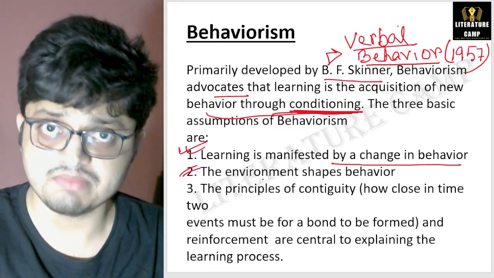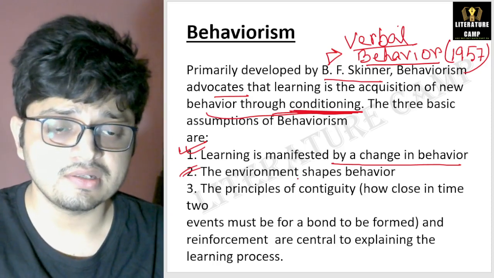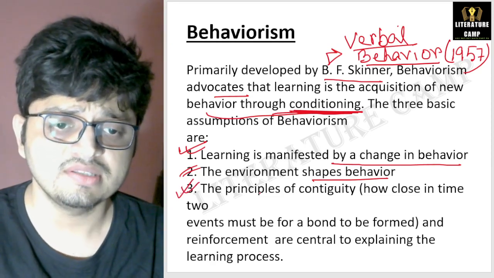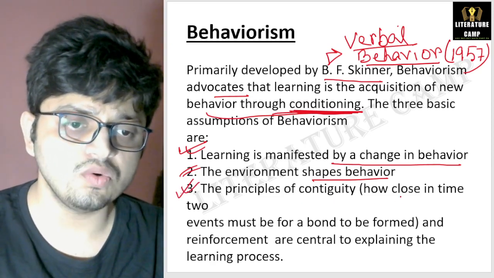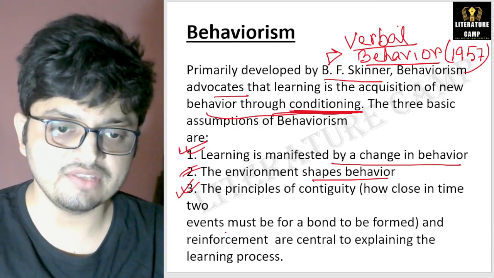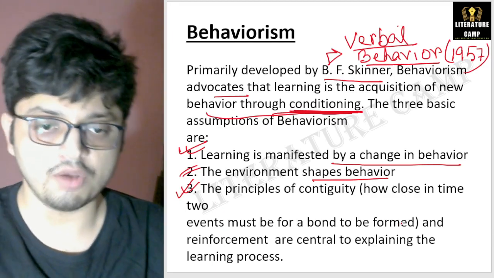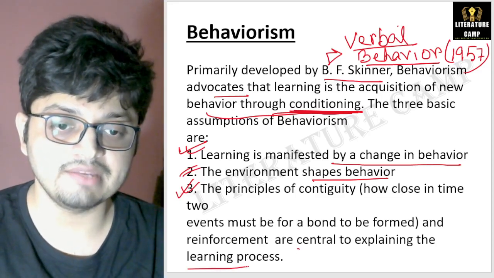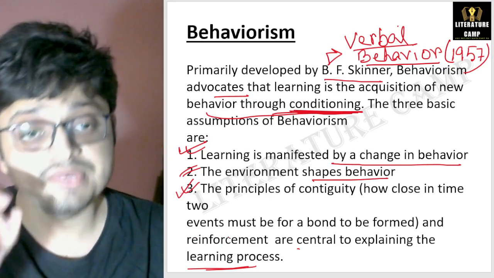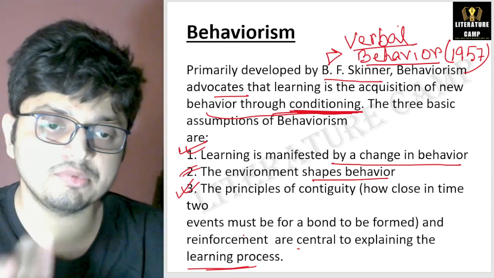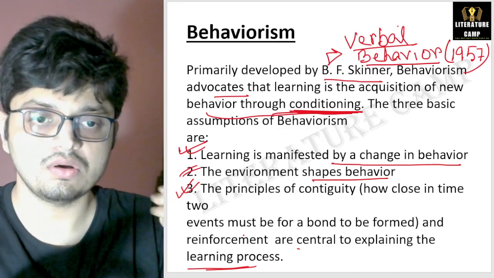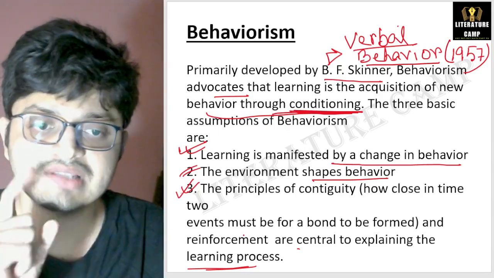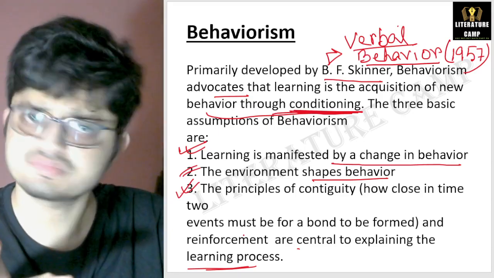Second point, environment, yes, plays a very important role to shape the behavior. That is point number two. Third point, the principles of contiguity, how close in time two events must be for a bond to be formed, and reinforcement are central to explaining the learning process. This is point number three. So behaviorism is predicated upon these three assumptions. Definitely it is true.